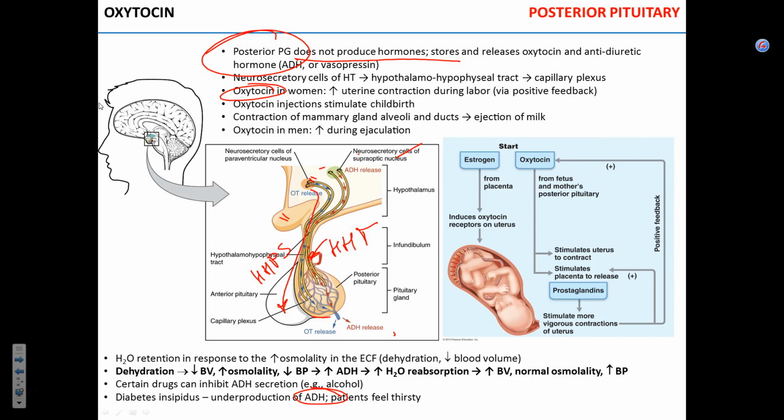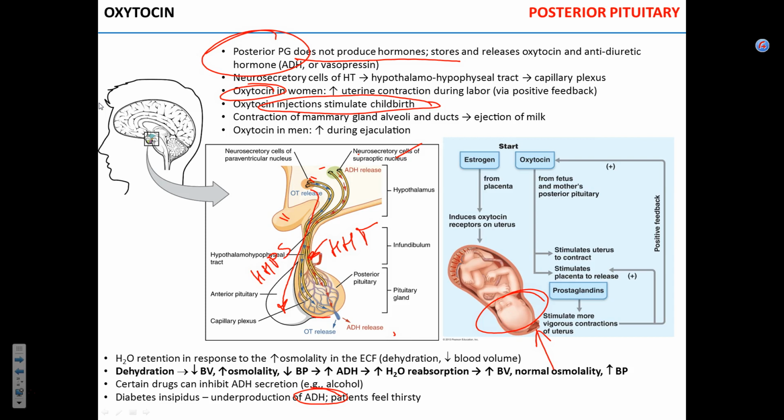Now what are these two hormones? One is oxytocin, which stimulates the process of childbirth, the actual delivery, the actual labor. Oxytocin is released from the posterior pituitary. You see, I'm not saying it's synthesized, it is just released in response to the pressure that the baby's head exerts on the uterine cervix.